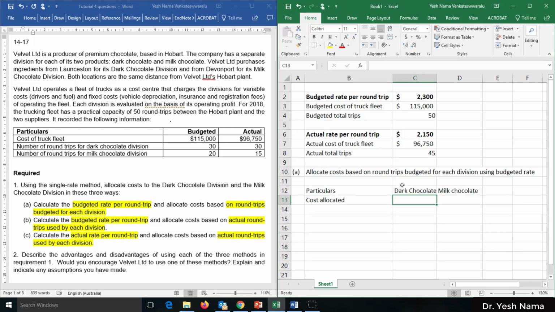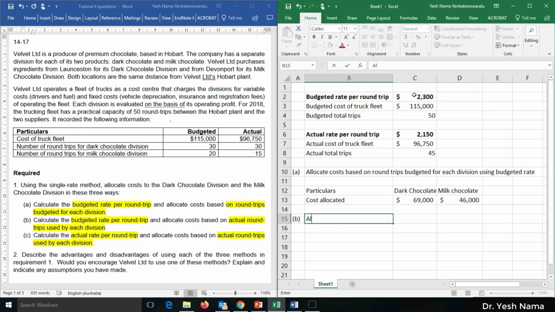Cost allocated: for dark chocolate, budgeted rate is 2,300 times budgeted number of trips, 30. For milk chocolate, budgeted rate is 2,300 times budgeted number of trips, 20.